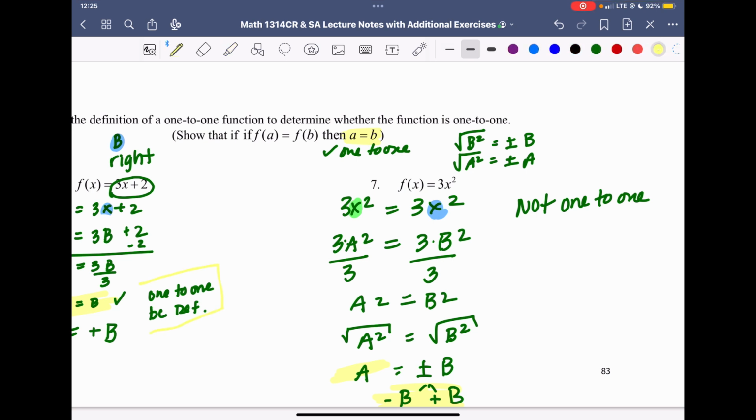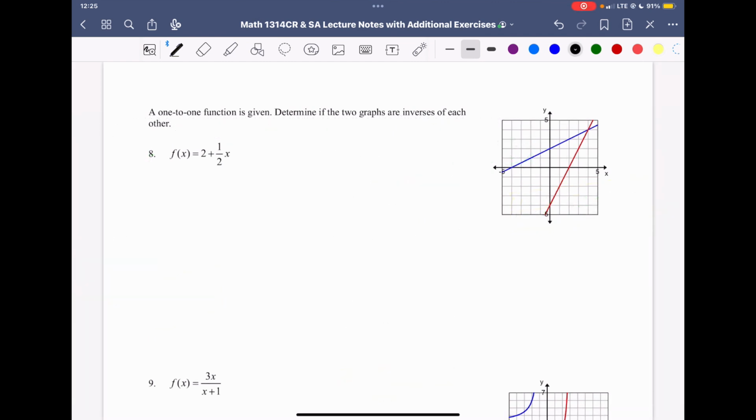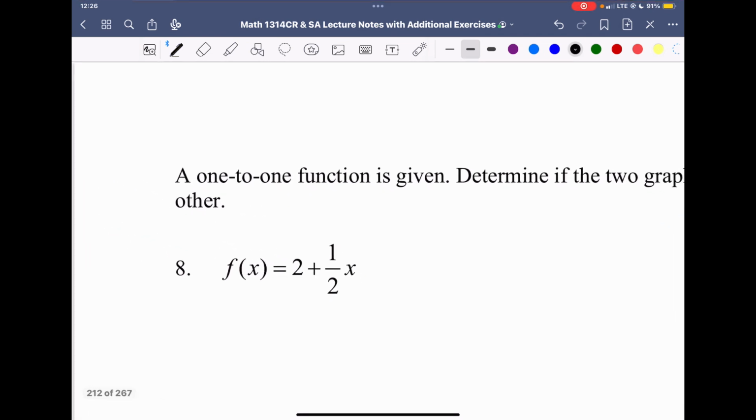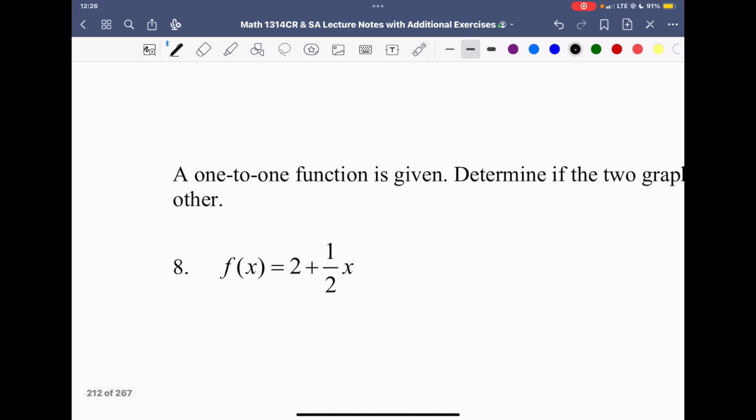When you show your work, this is what they're asking you to do on the test. Functions 1-to-1, if given, determine if the graphs are inverse to each other. Okay, so here's what you're going to do. You're going to choose a few points and then switch.